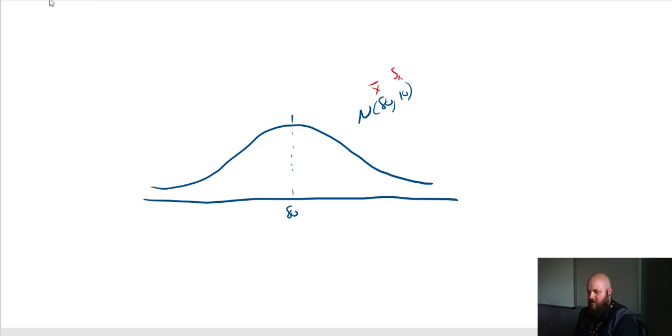So if we went 3 standard deviations above and below, our values would be 90, 100, 110. That'd be 70, 60, 50. So that is the scores, right?